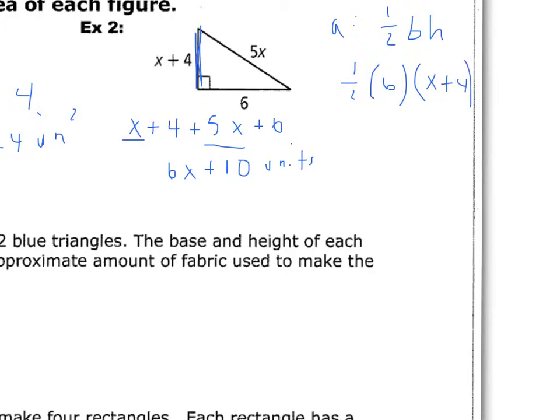Then we multiply 1/2 times 6, that just gives us 3. Then we distribute that to x plus 4. 3 times x gives us 3x, and 3 times 4 gives you 12. So your answer would be 3x plus 12 units squared. Make sure you put your units squared on the end.